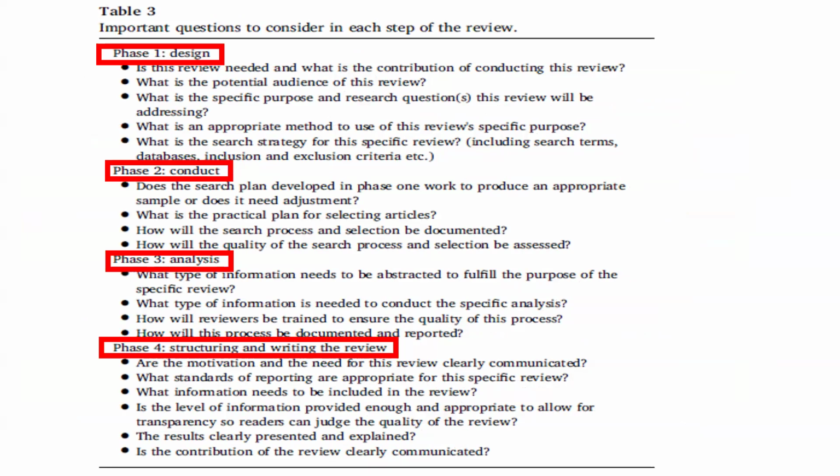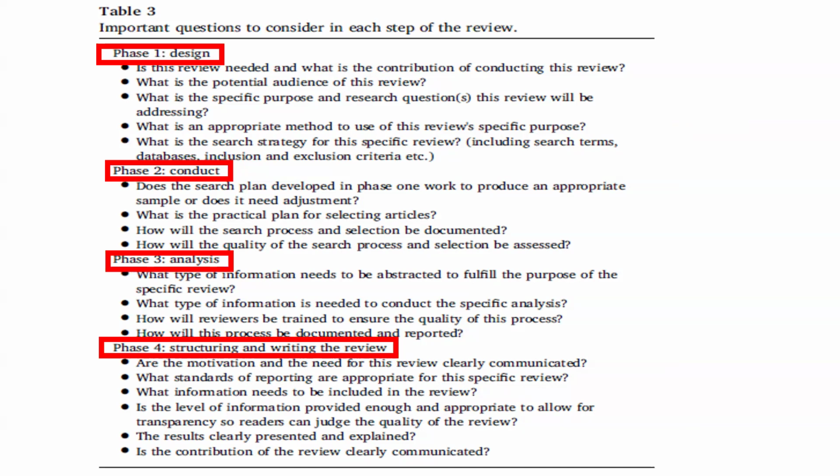In review, whenever you do any type of review, you need to think of what type of design you need to follow, how you conduct those reviews, how you do analysis, and how you structure and write the review. That is always important.